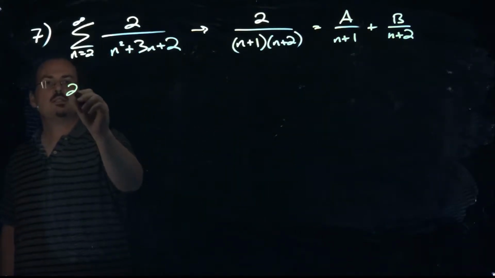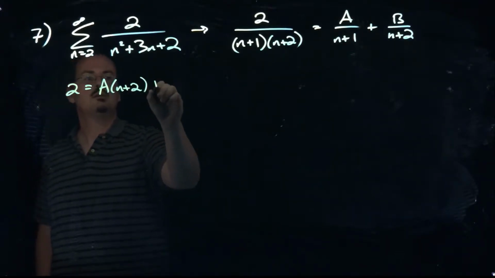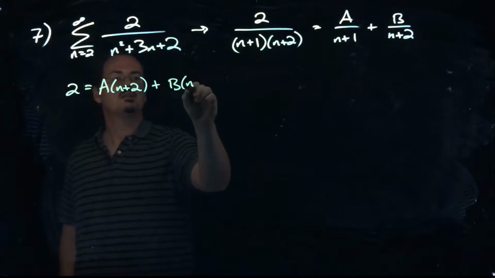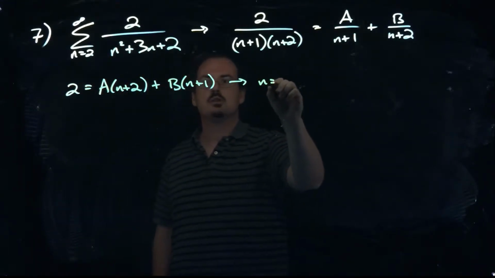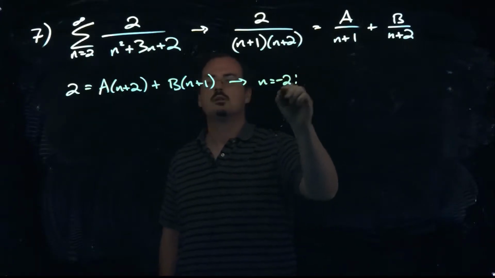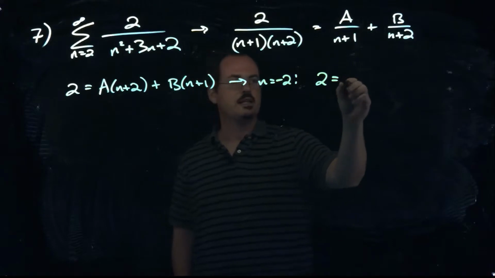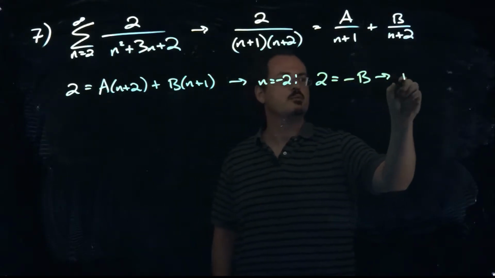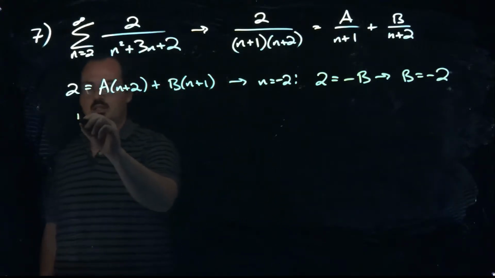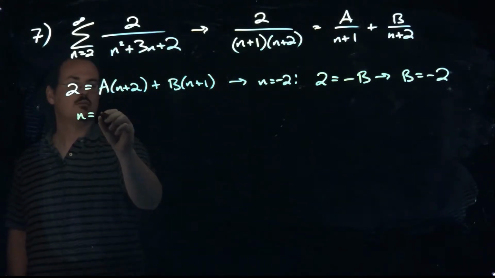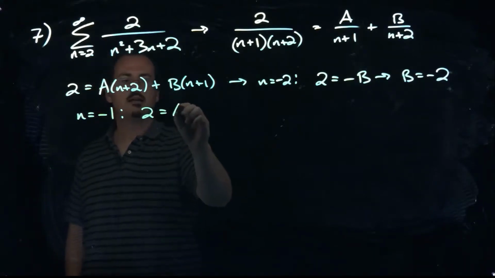Multiply through by the LCD, you get 2 is equal to A times n plus 2 plus B times n plus 1. If we let n equal negative 2, we get 2 equals negative B, telling us that B must be equal to negative 2. If we let n equal negative 1, we get 2 is equal to A.